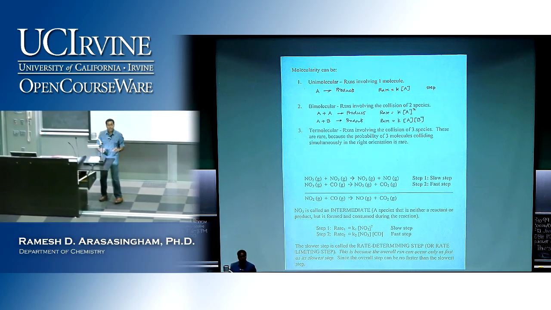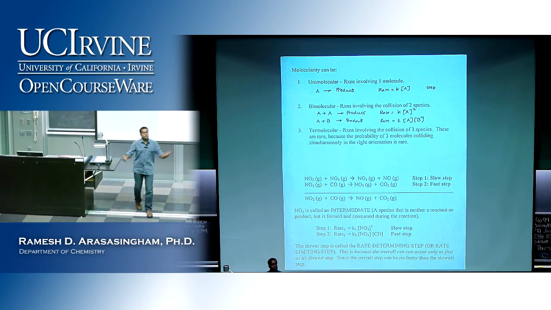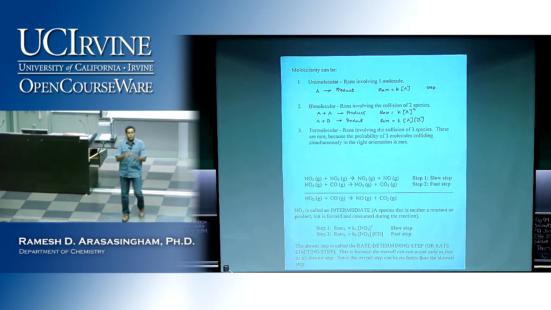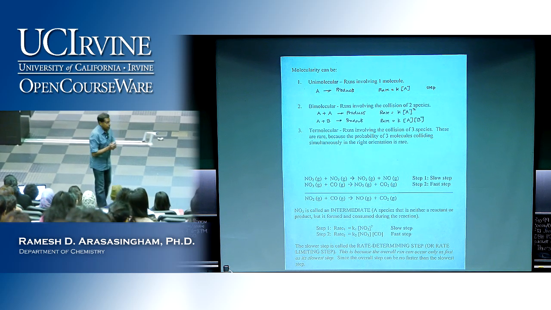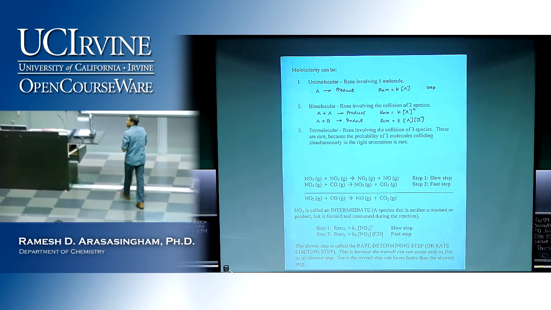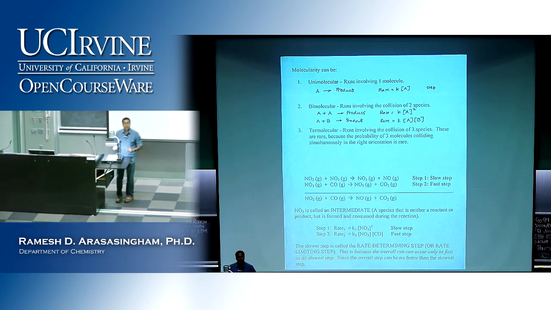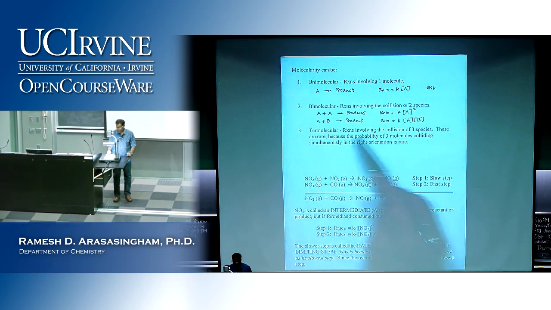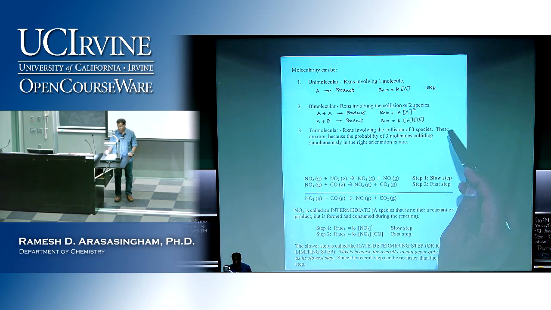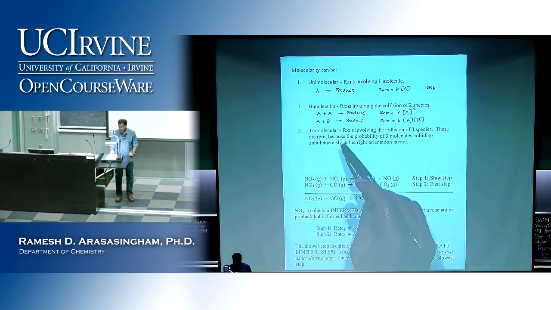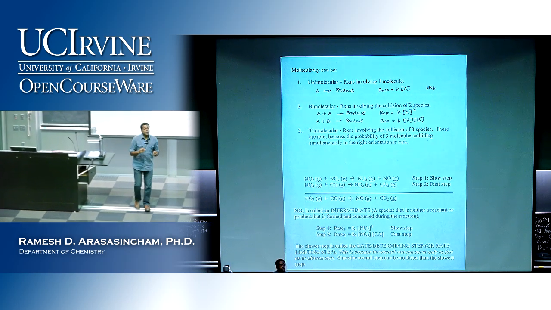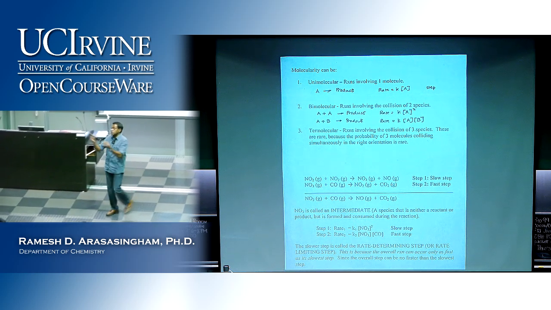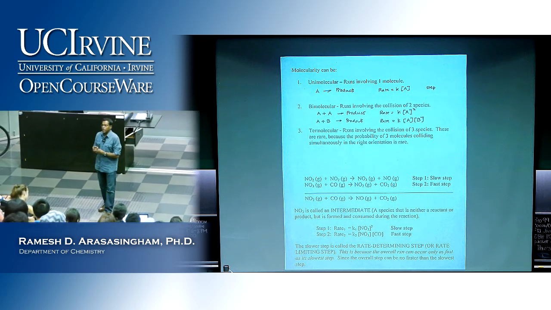We looked at bimolecular reactions. So when we say bimolecular, what does that mean? Two molecules need to collide, and so you can only have two reactants in an elementary step. Now, if you have three molecules colliding, it's called a termolecular reaction. Okay? These are rare because the probability that three molecules will collide simultaneously in the right orientation is very low.